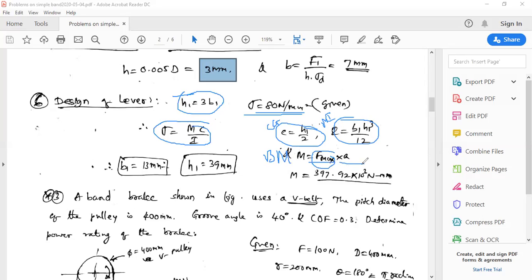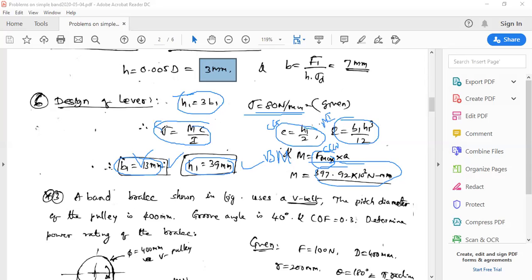F max is the maximum force for the counterclockwise rotation, what we got here, not for clockwise. That value you have to substitute here, so that the value of maximum bending moment is this one. The value of B1 is 13 mm, and H1 is 3 times that, that is 39 mm. This is the last step that we have to calculate, and here you have to substitute all the values in this expression.